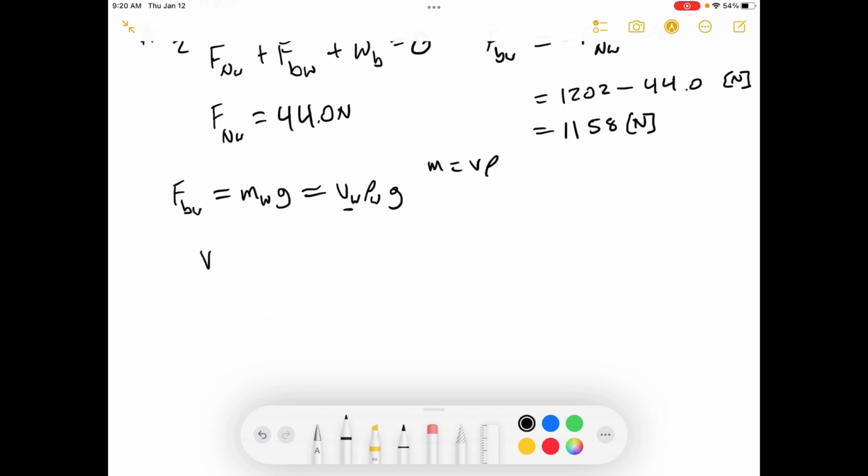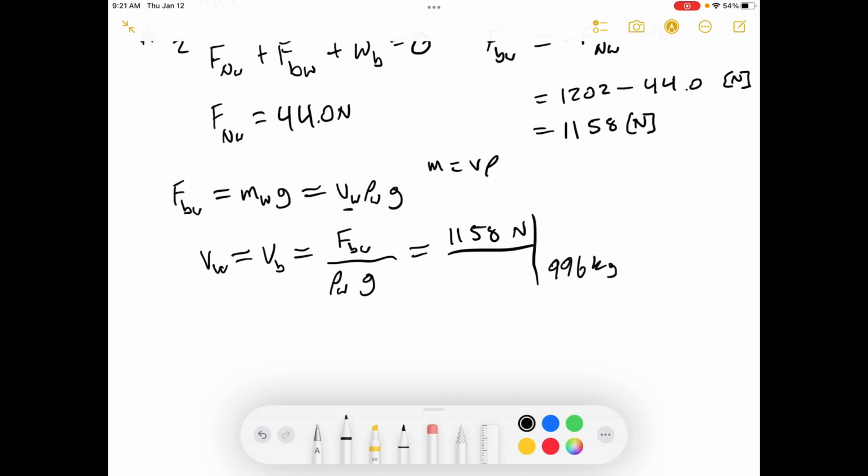So we've got V_W, the volume of his body, which equals the buoyancy force divided by the density of the water and the acceleration due to gravity. Let's convert this into kilograms per meter cubed density, and then we've got per second squared.